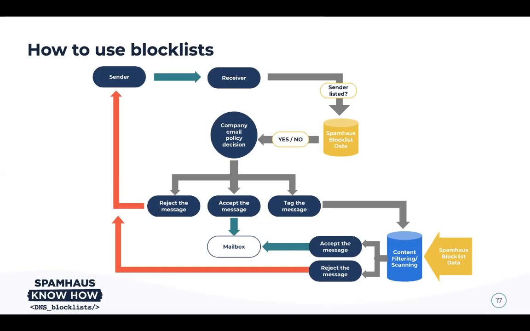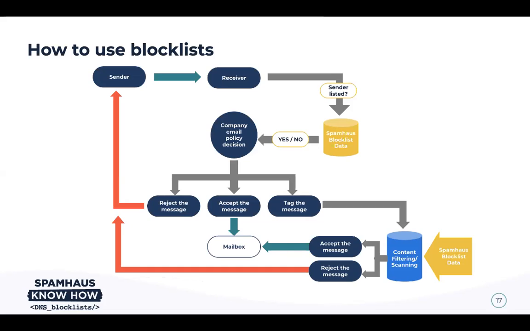So if you remember, we said that the SBL also lists command and control servers. And you should understand, I guess, that if you are able to block the communications between your network and all the known command and control servers, you're basically rendering any bot that relies on those incapable of operating from your network.